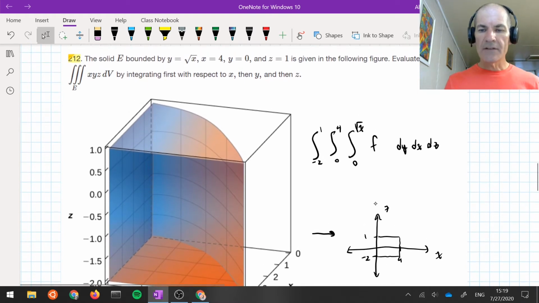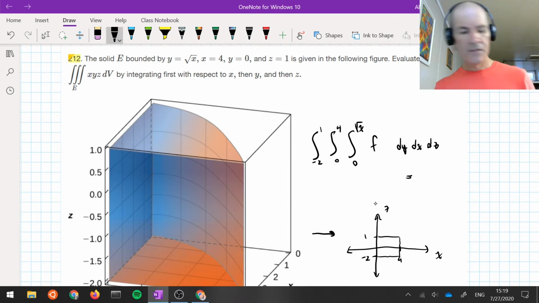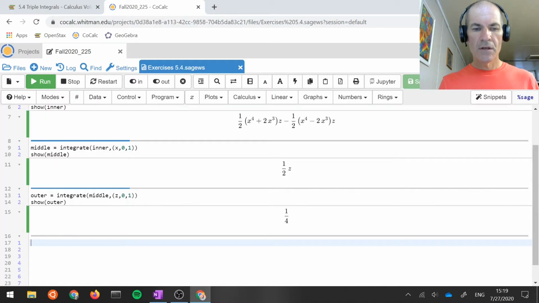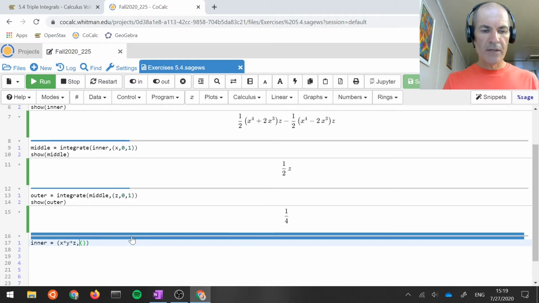Now you are asked to actually integrate this figure, so we can jump over to Sage again, and let's just practice that inner, middle, outer paradigm that I showed you. So for this example, the inner integral is x times y times z. And which variable are we integrating with respect to?